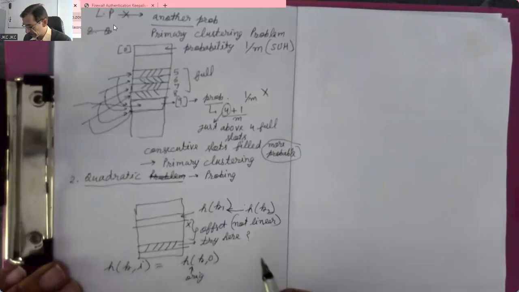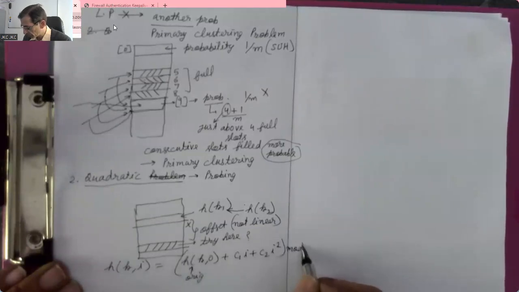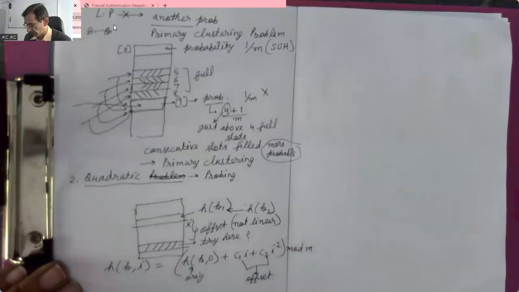If this doesn't work, then give it an offset of quadratic nature, of course with mod m applied. So the offset is C1 i plus C2 i square. If i is 0, obviously no offset will come, but later this whole term becomes an offset, and this offset is not linearly growing, so it will be able to avoid primary clustering.